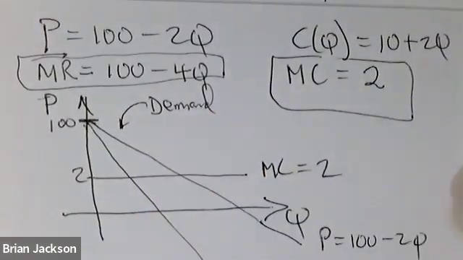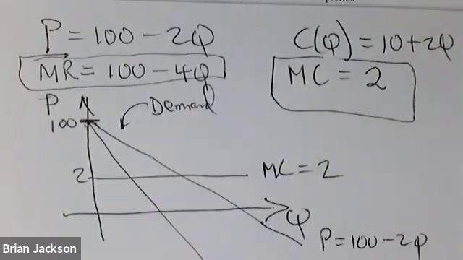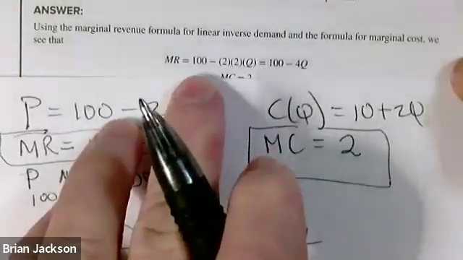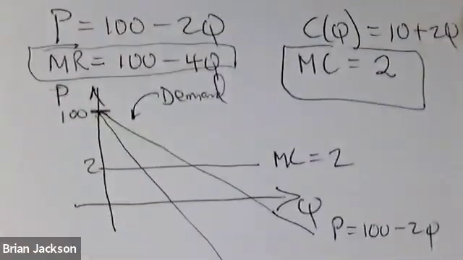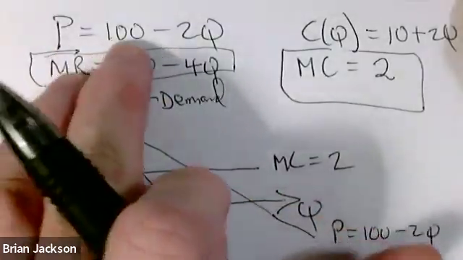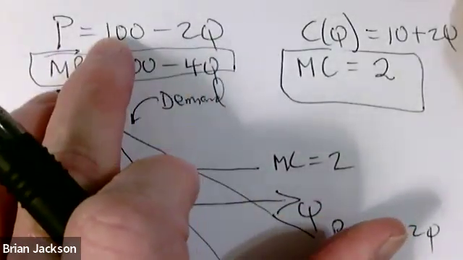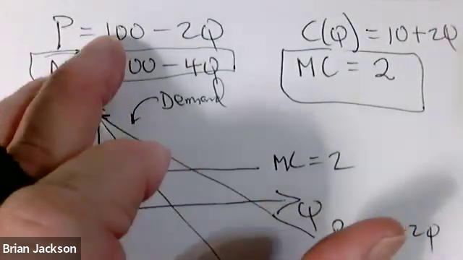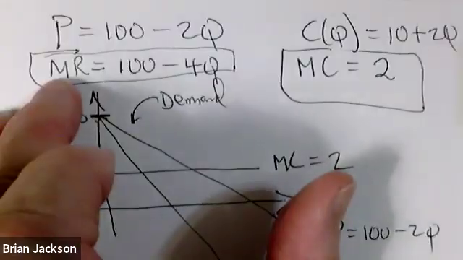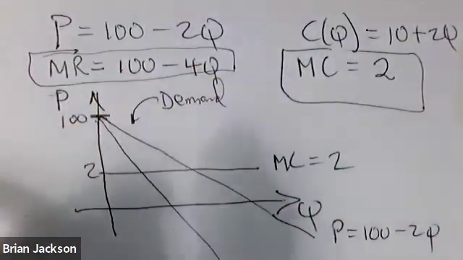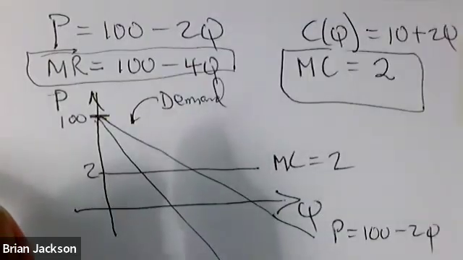Now, before I go on and actually work this problem in more detail, I guess your book may find the marginal revenue a little different way. For a linear demand curve, as I show in some of the videos from my principles level courses, the marginal revenue has the same vertical intercept, but simply twice the slope.